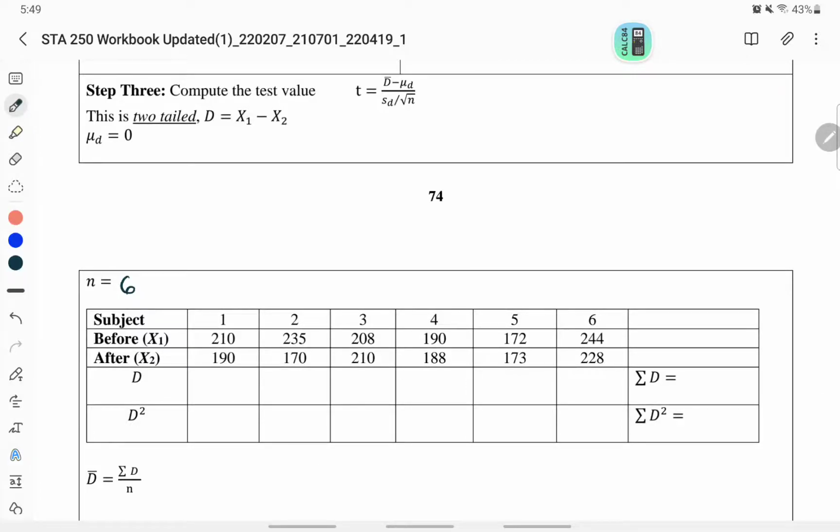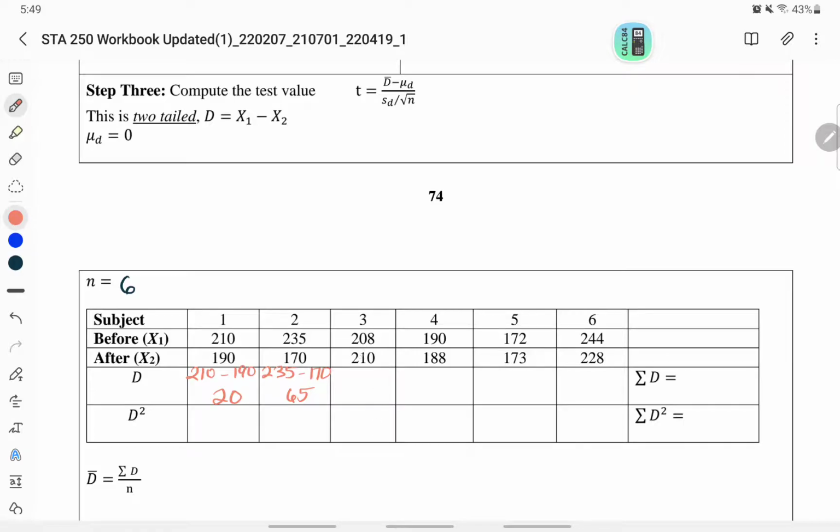So let's compute our D, which is the difference, X1 minus X2, before minus after. So if we subtract here, this is 210 minus 190. Let's do this in red. 210 minus 190. That's going to equal 20. The next one is 235 minus 170. That is 65.